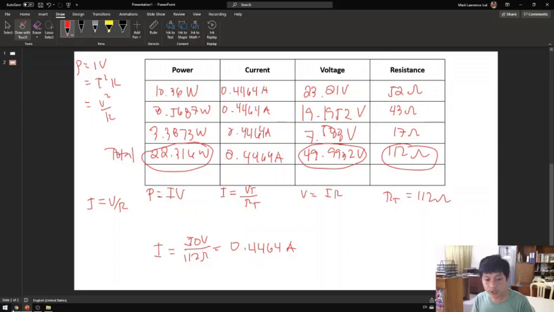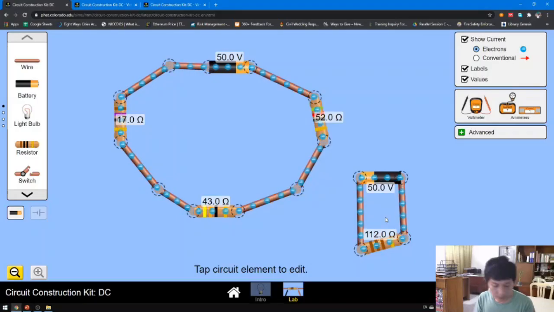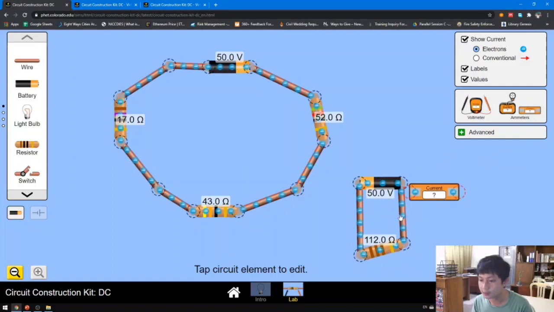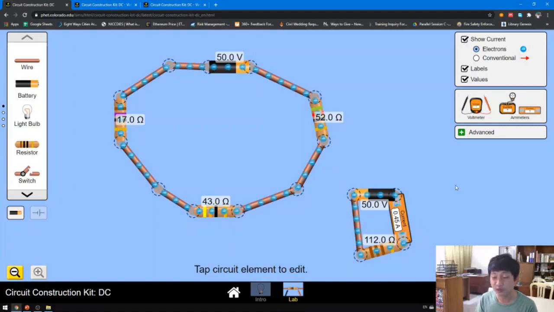Let's check this one out. Now we have 112 ohms, and we already know that the current is 0.45.